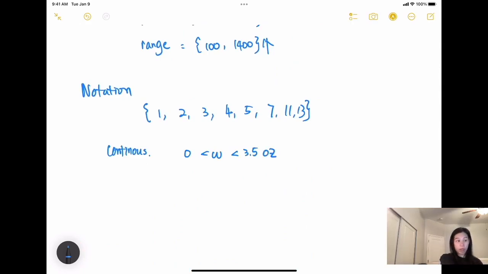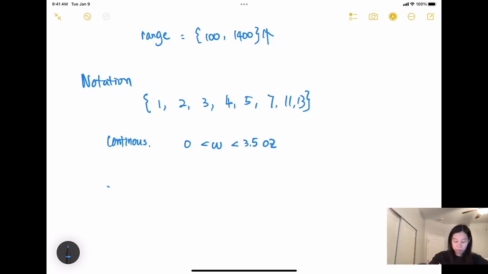We have a couple of ways to do it. One is called set builder notation, which is going to look like this. We're talking about weight, and the weight is in between 0 to 3.5 ounces.